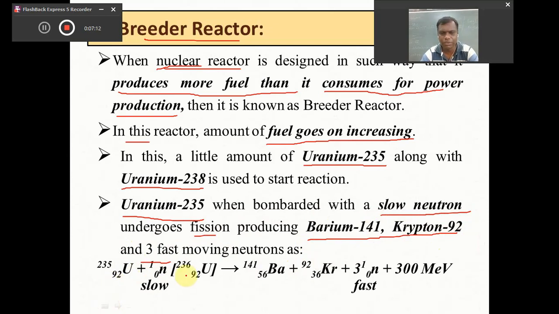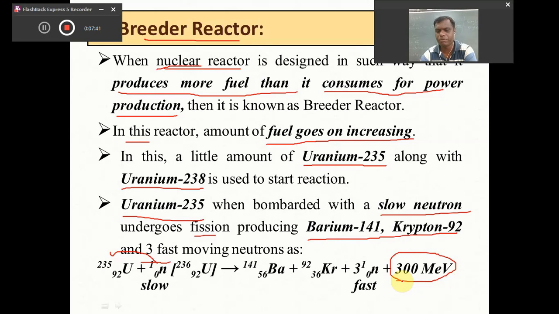Uranium 235 is bombarded by this neutron, and it will be converted into uranium 236, and it will break down into two parts, barium 141 and krypton 92, with the liberation of three fast moving neutrons and the liberation of a large amount of energy, 300 million electron volt.